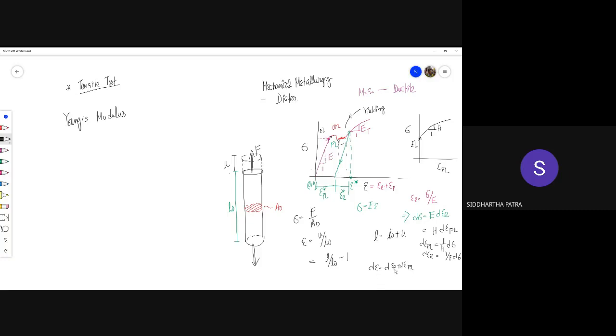So the total strain is (1 by h plus 1 by E) times d sigma. Now, Et is defined as d sigma by d epsilon total, which means Et is 1 by this quantity, which gives this expression.